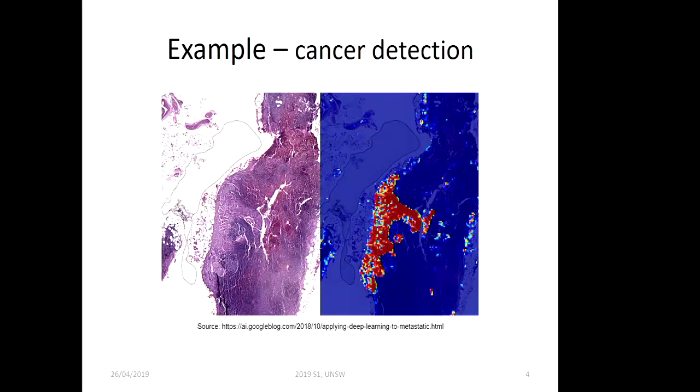Another example is cancer detection, and this one was actually done by Google. If you keep track of deep learning news, maybe 2 years ago Google developed this system, and it works really well with very large microscopic images.